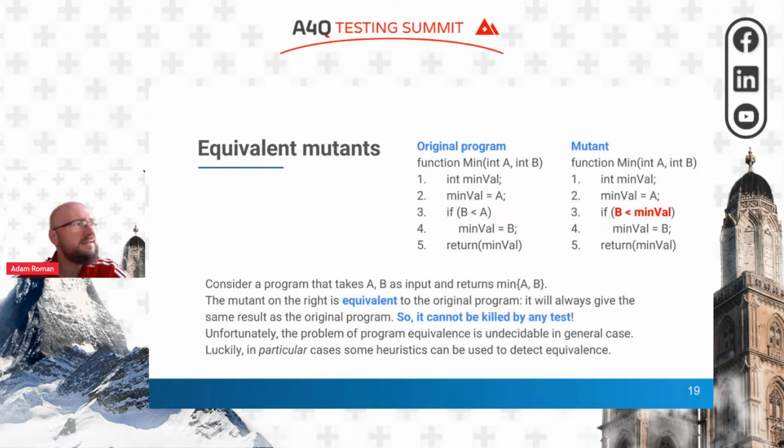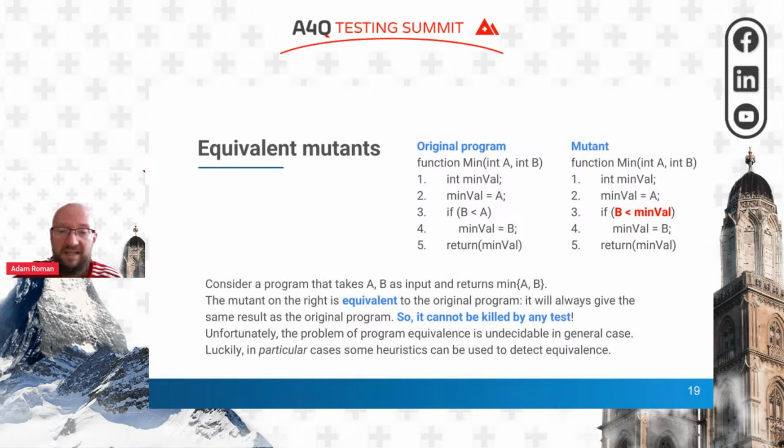Now, there is a small problem with some mutants, because it may happen that when we apply a mutation operator to our code, it may transform the program in a way that the program remains equivalent to the original one. Look, when we replace this variable a with min val, nothing really changes in the program, because in line 2 we set min val to a.